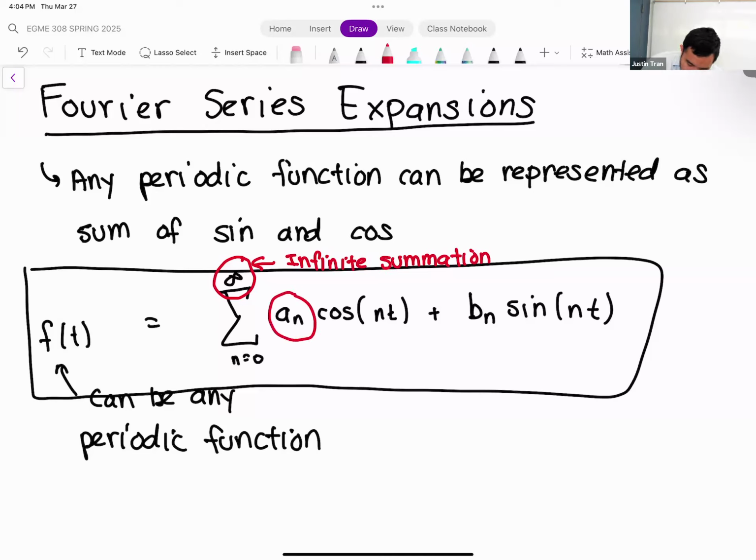The other thing to note is that these coefficients, these a_n's and b_n's, are the focus of a Fourier series expansion. We call these the coefficients of our Fourier series expansion.